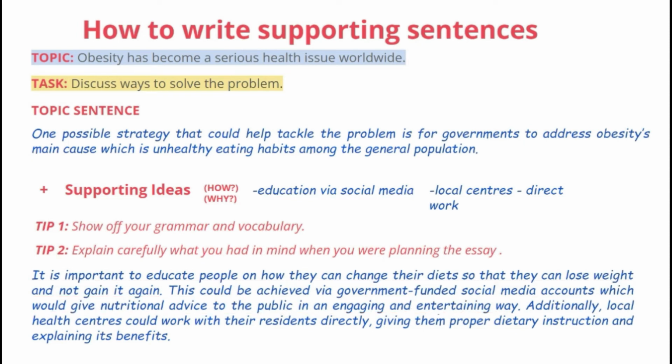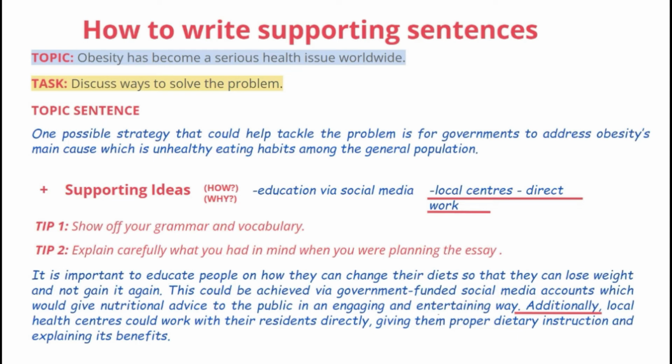Next, I wanted to introduce a new idea about local health centers. And to do that, I used a linker in my paragraph. Additionally, this would let the reader know that I am not going to continue developing the idea of the previous sentence, but I am going to write about another idea.